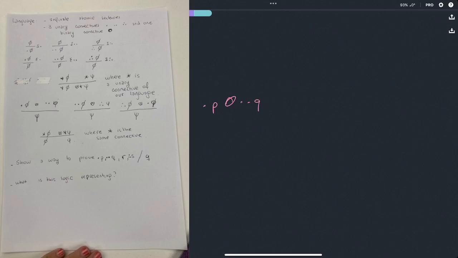Right? And now what I want to know is, is there any proof with this sentence as a conclusion?